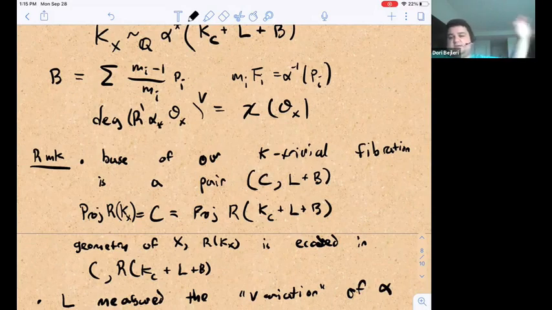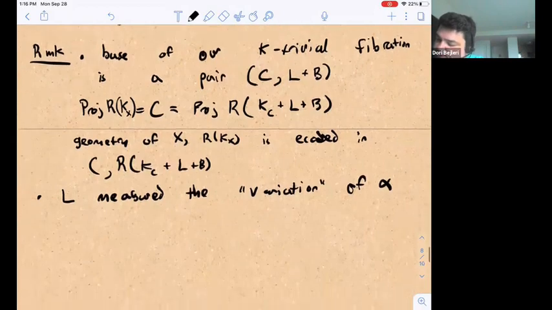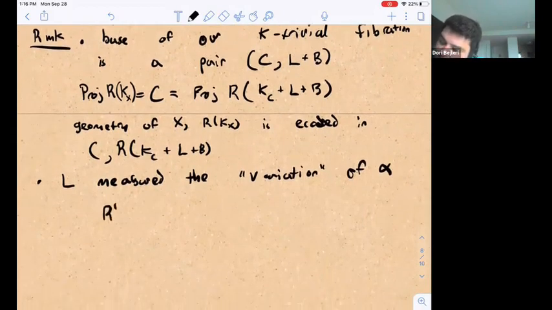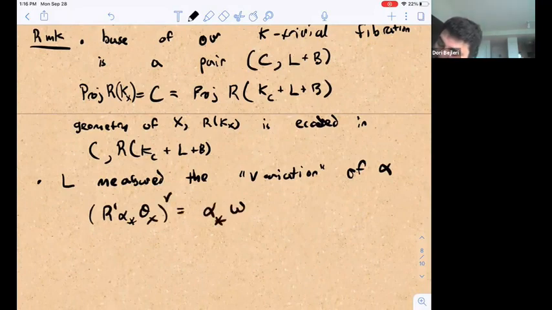And this came up very explicitly when we were proving non-vanishing, where we actually saw that this L was like this Hodge bundle, this R^1 alpha lower star O_X dual was the same as this alpha lower star omega_X. And we actually used the moduli space to understand this pushforward.